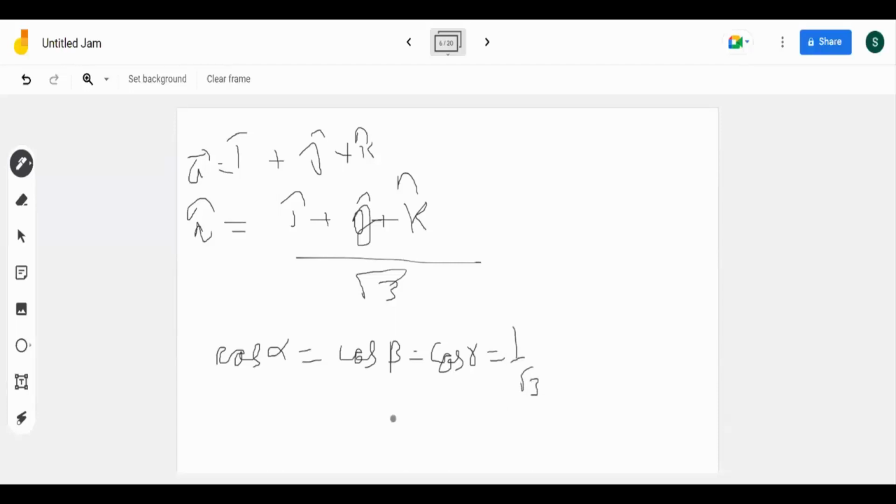So angle alpha equals beta equals gamma equals cos inverse 1 by root 3. As we have now shown that the angles alpha, beta and gamma are equal, this vector is equally inclined with the three axes. What we learned from this question is that the coefficients of the unit vector give us cos alpha, cos beta, and cos gamma.